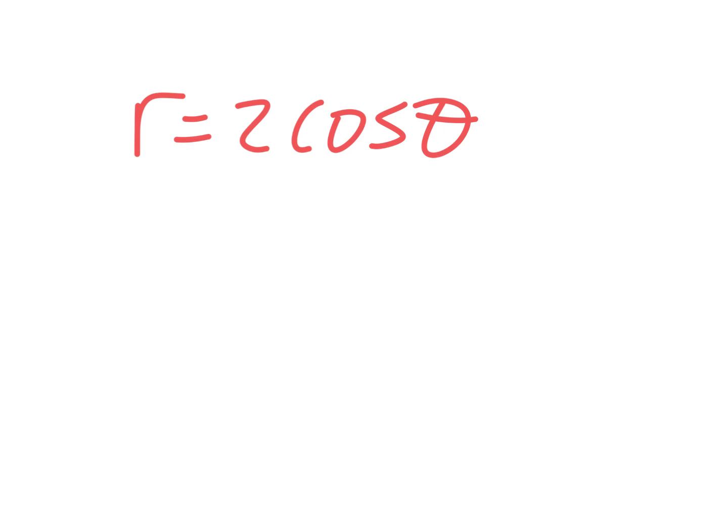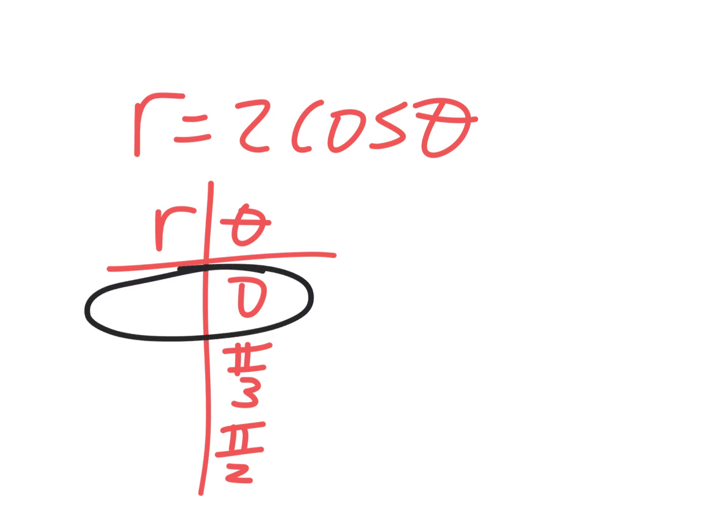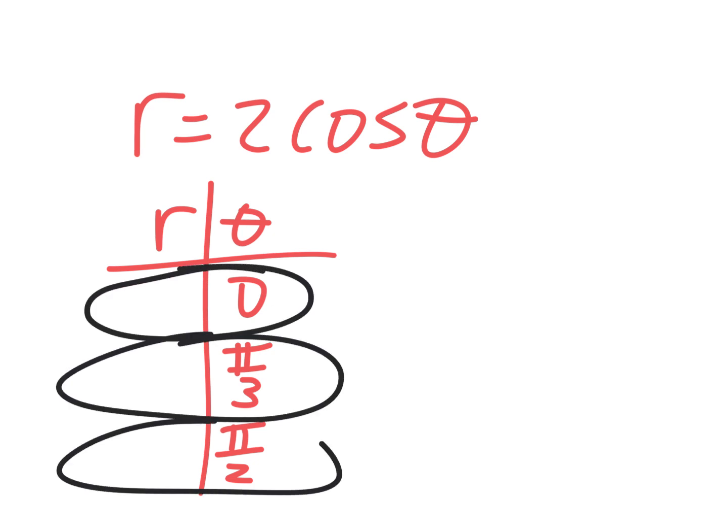But I'm going to tell you some points that you should put in. It's always r comma theta. But I'm going to tell you some thetas that would be smart to put in. Put in theta is 0. Put in theta is pi over 3. Put in pi over 2. That probably is enough. If you can do those 3, you could do more if you had to. So just try those 3.